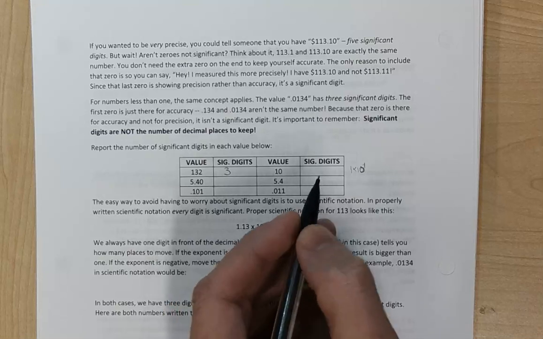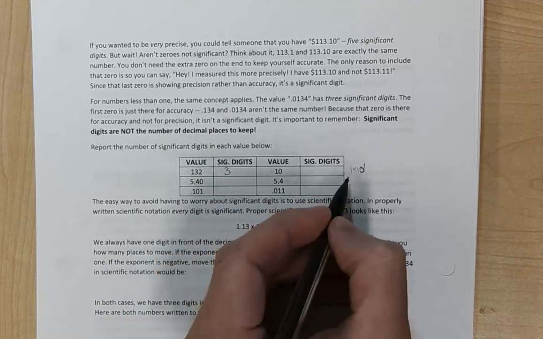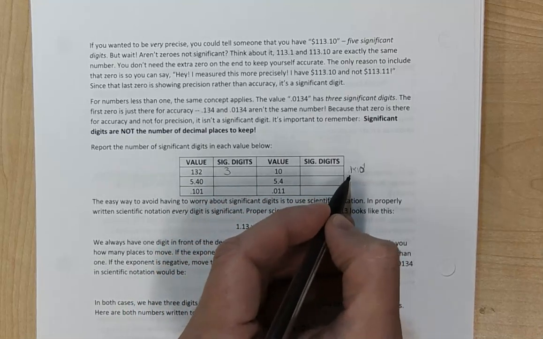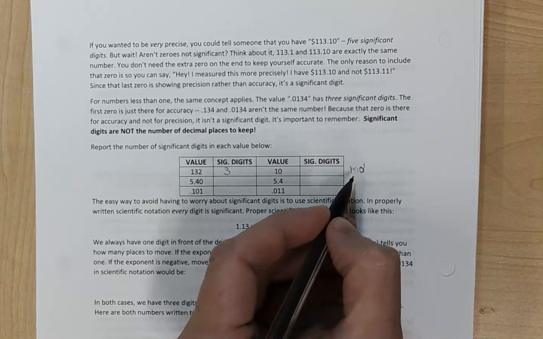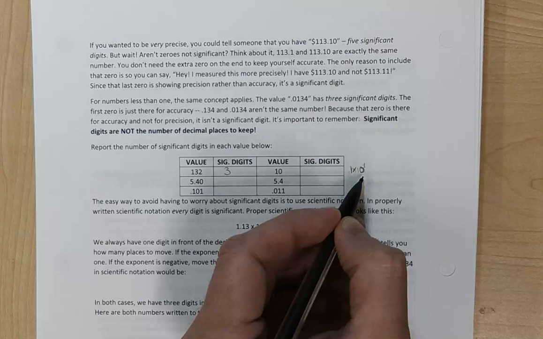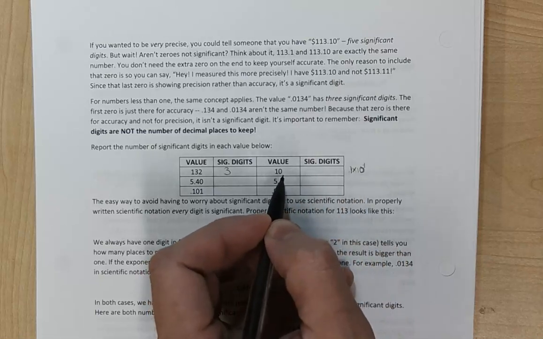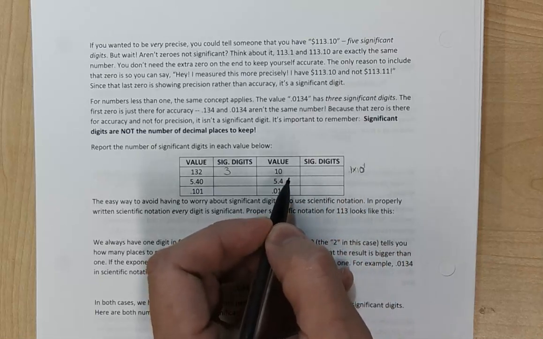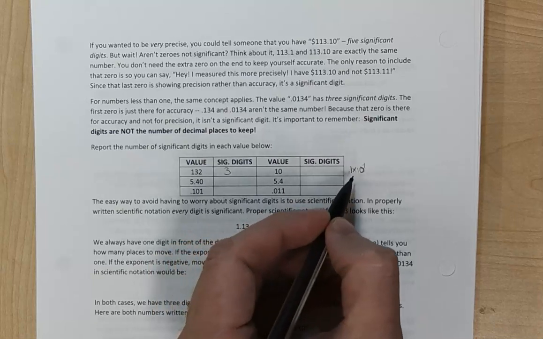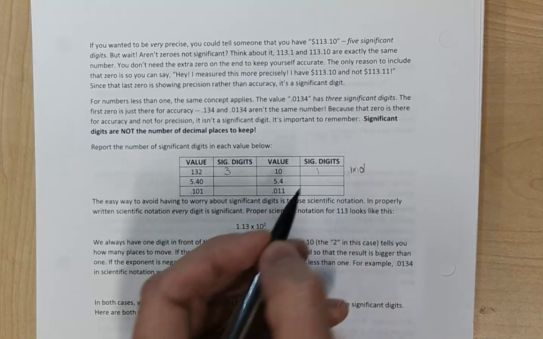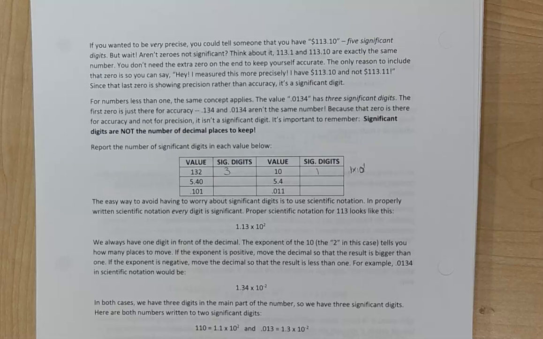The number of digits out front, that's the number of significant digits. So if you convert this into scientific notation and the 0 disappeared, then it wasn't significant. Since this only had 1 digit, 10 only has 1 significant digit.